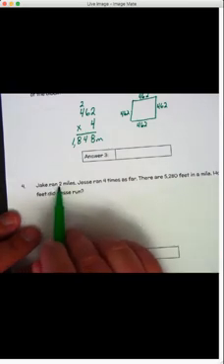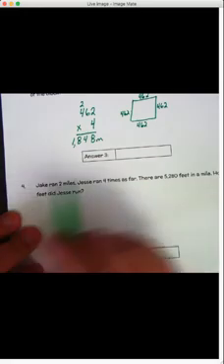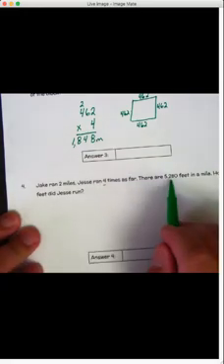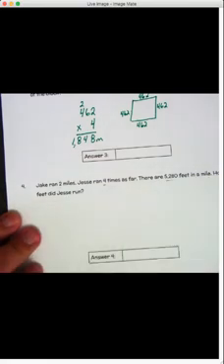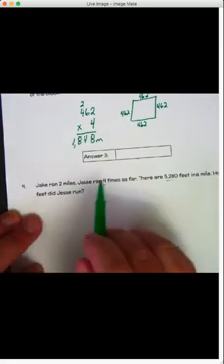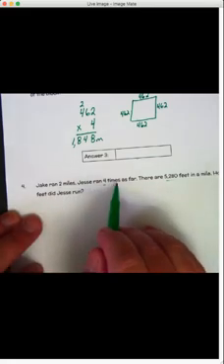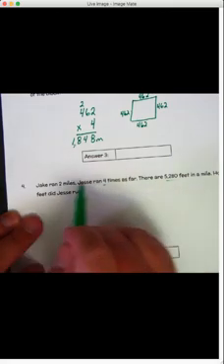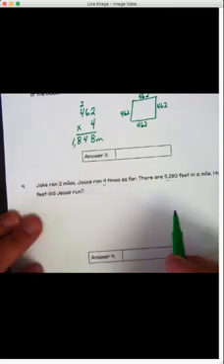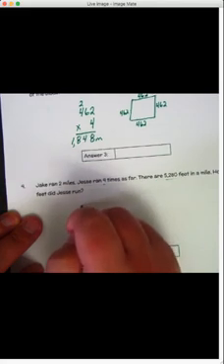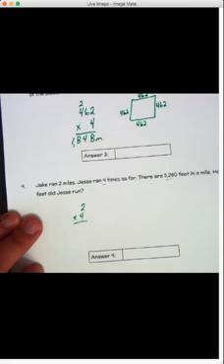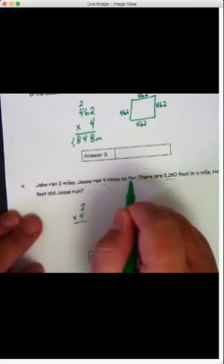Jake ran 2 miles. Jesse ran 4 times as far. There are 5,280 feet in a mile. How many feet did Jesse run? Well, Jesse ran 4 times as far as what? Jesse ran 4 times as far as Jake, and Jake ran 2 miles. So if Jake ran 2 and Jesse ran 4 times as many, how many miles did Jesse run?